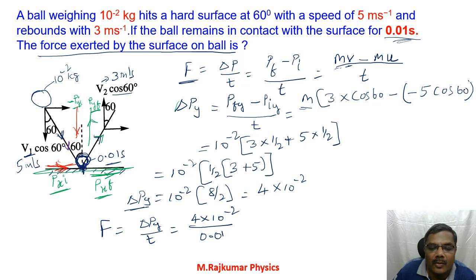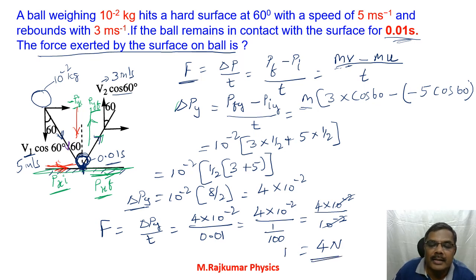So 0.01, I can write as 1 by 100, which is 10 power minus 2. So 10 power minus 2 gets cancelled, and you will get 4 Newton. So the force exerted by the hot surface on the ball will be 4 Newton.